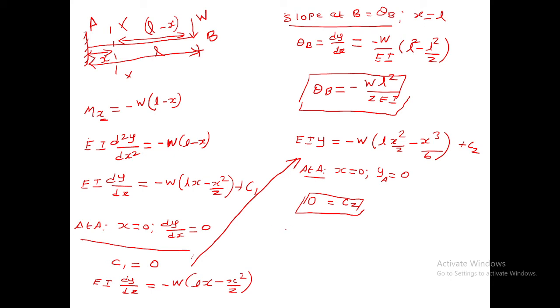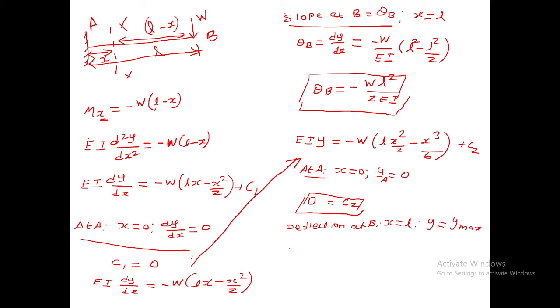Deflection at B: x equal to L, so y equal to y max. At point B, the end of the point load cantilever beam, the deflection is maximum.